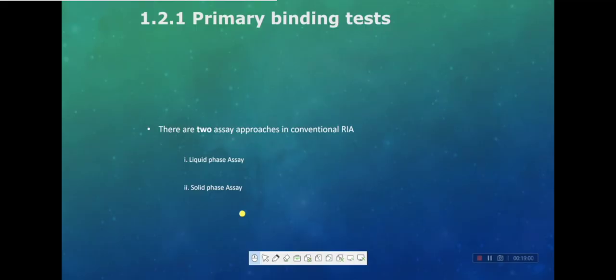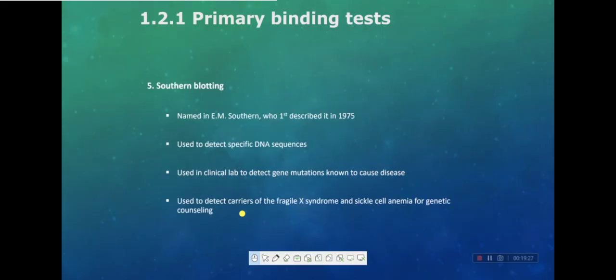Whereas in the solid phase, the specific antibody is added either in suspension or is covalently bound to the inside wall of the reaction tube. Then the separation of the bound free fraction is realized by centrifugation or magnetic separation, followed by decanting the supernatant, or simply pouring off the reaction mixture if the coated tube is used, right?